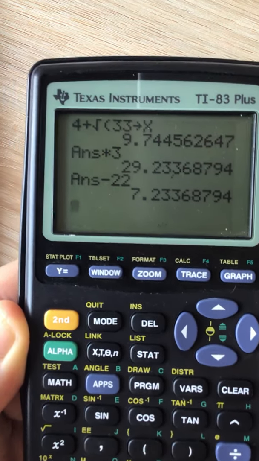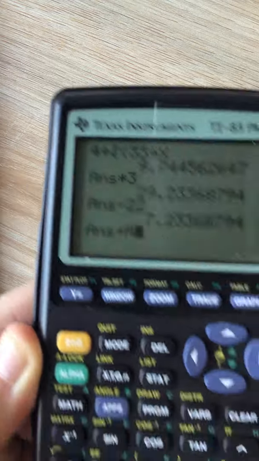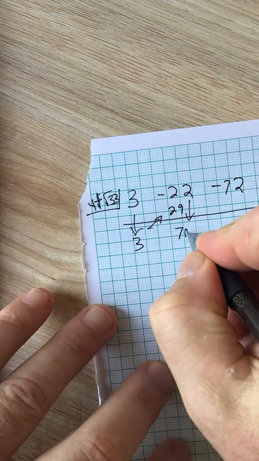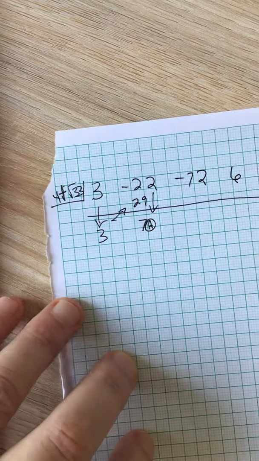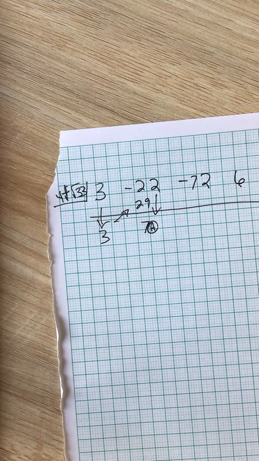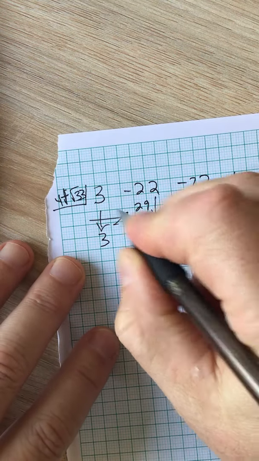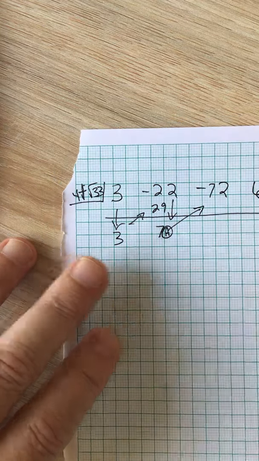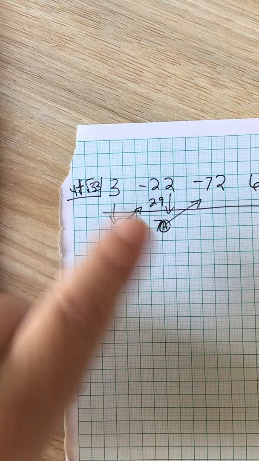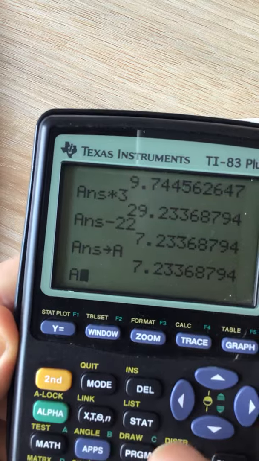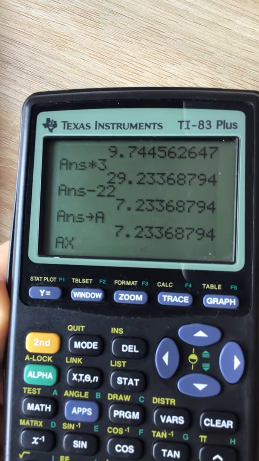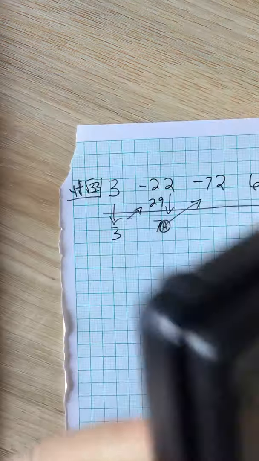Okay, well, that means I need to store it. So I'm going to store that one in A. And I'm going to tell myself, okay, this one is in A. The exact value is in A. Now I need to take that A number times the X number. So I'm going to take A times X. That gives me about 70.